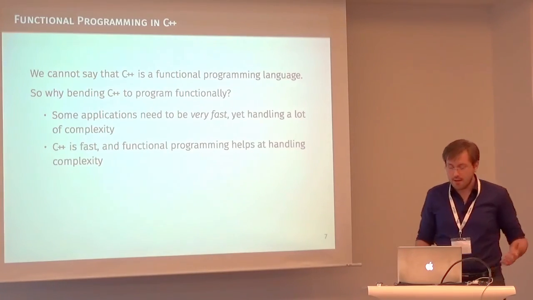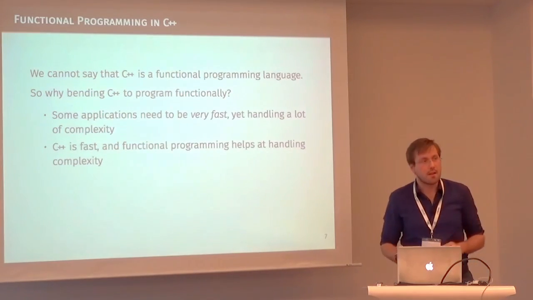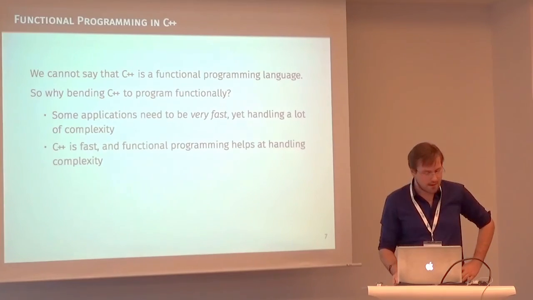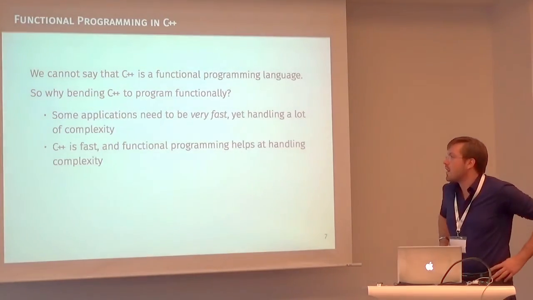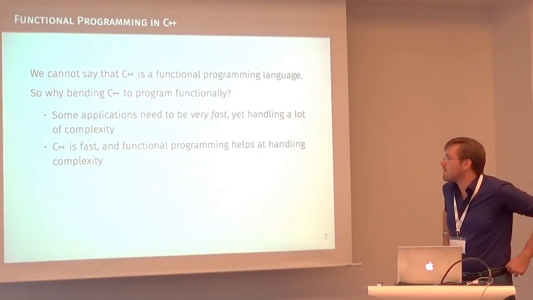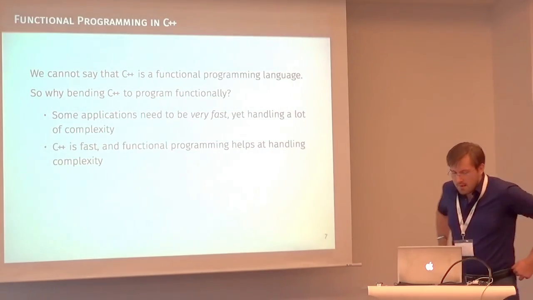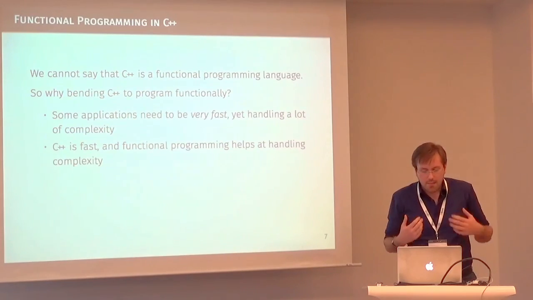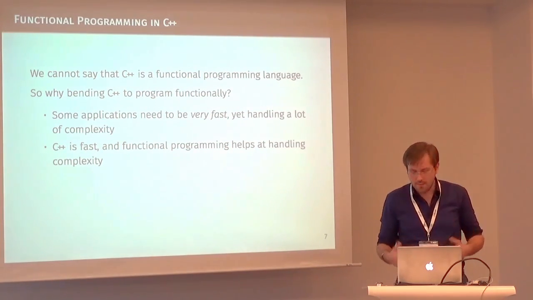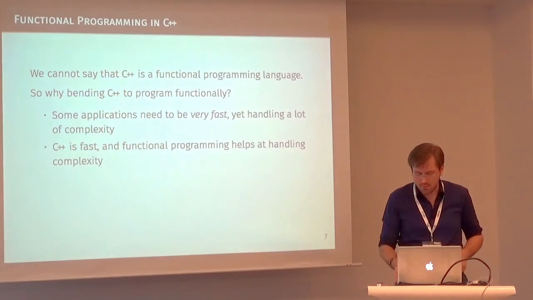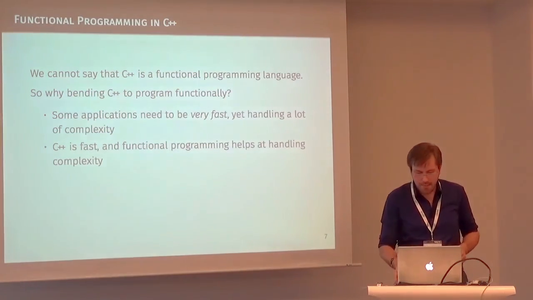C++ is fast. We have seen in the keynote of Chandler that we can rely on very smart compilers, and the language allows the compilers to optimize a lot. And functional programming helps us at handling complexity. So it pays the effort to unite these two, the language and the paradigm.